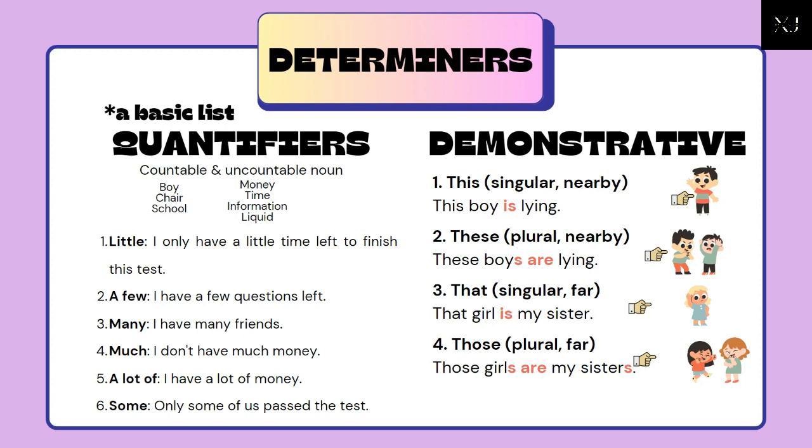Girl is also singular. Those girls are my sisters. You see, "those" is more than one. Girls, plural. Are, plural. Sisters, plural. Basically, when you change a certain thing, a certain context to plural, every single thing must follow and become plural as well. So that is like the basic things that you should know about determiners.